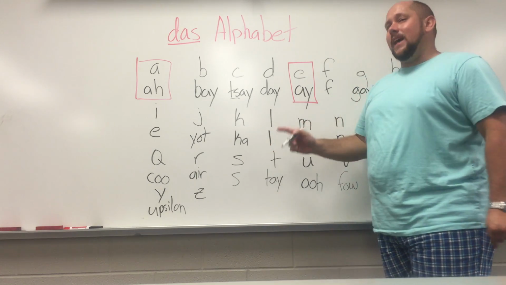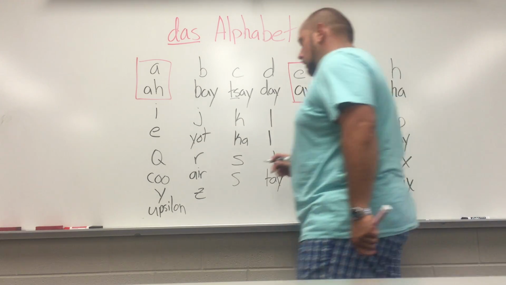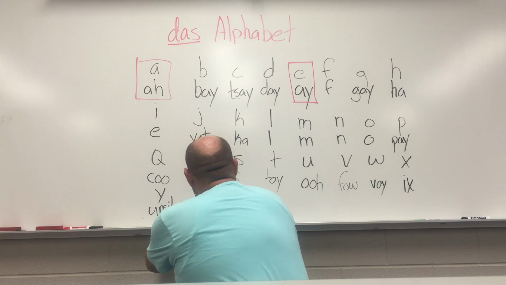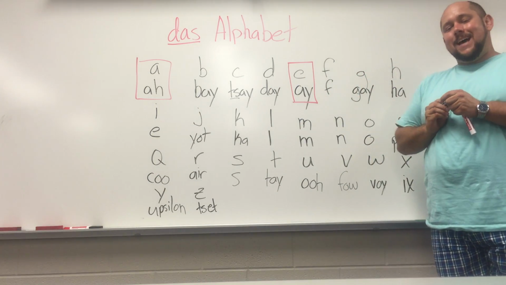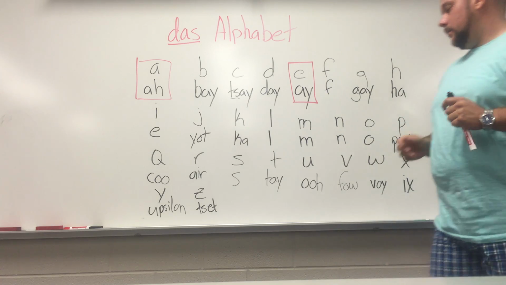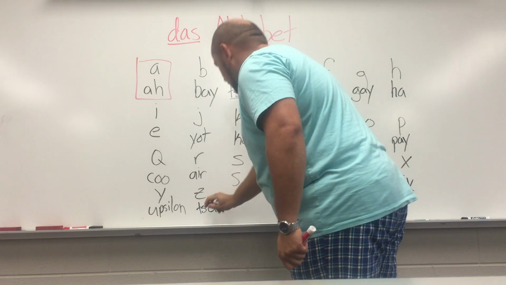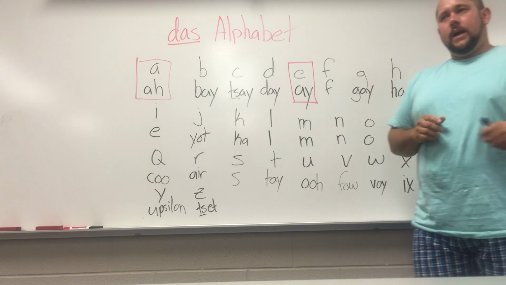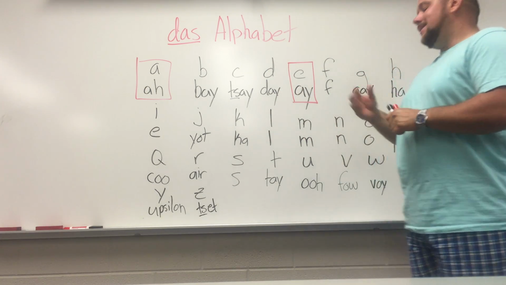Upsilon is how we say the letter Y. Last but not least, the letter Z. Set. Set. Okay, again here, just like in the letter C, we see that TS, okay, set. You have that little T sound there at the beginning, set.